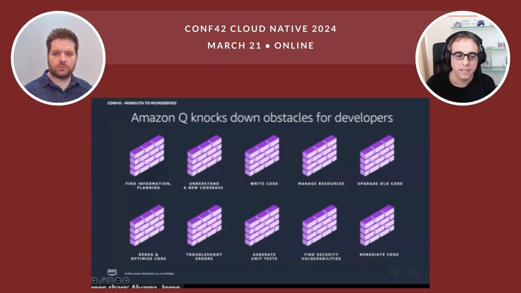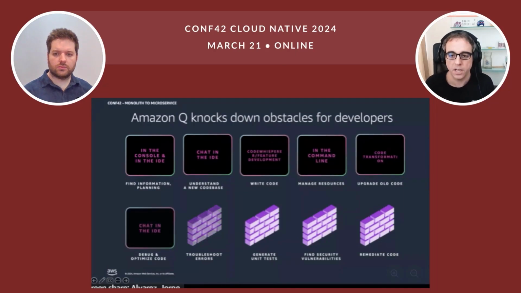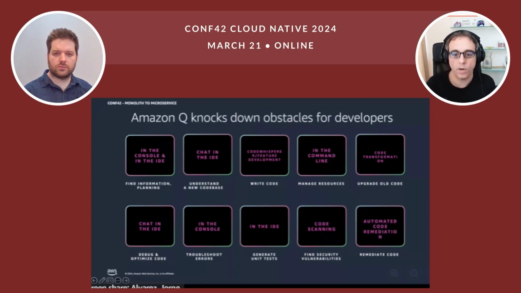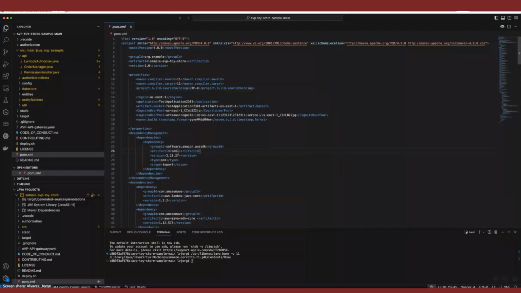And thanks to Amazon Q, those walls are starting to get removed, because the solution solves the problems in one location. It's one GenAI-powered assistant. It's going to help you with code scanning for security threats, in the IDE, and in the console, but also with upgrades, as we are going to see in the next demo, from Java 11 to Java 17.